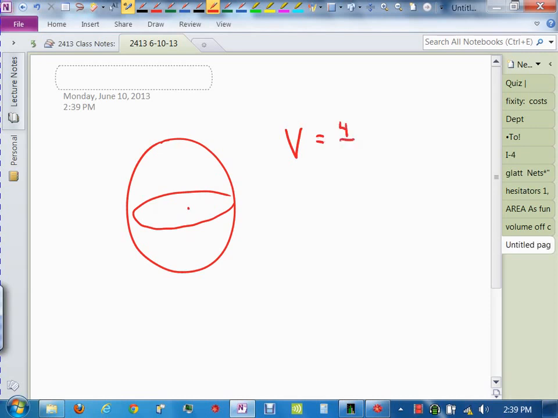Volume is 4/3 pi r cubed. The area of a sphere is 4 pi r squared. Okay, see if you can express the surface area as a function of its volume. So you want A of V equals what?